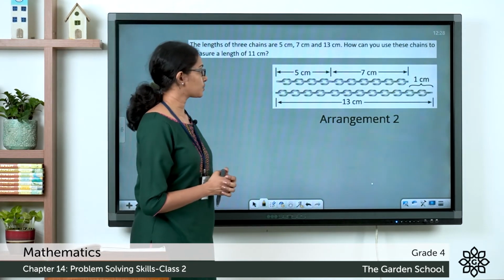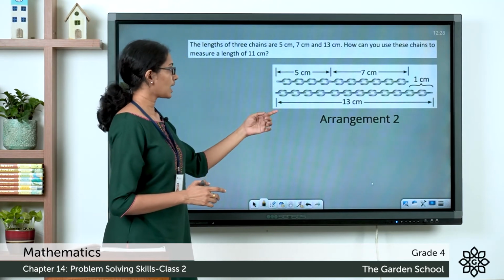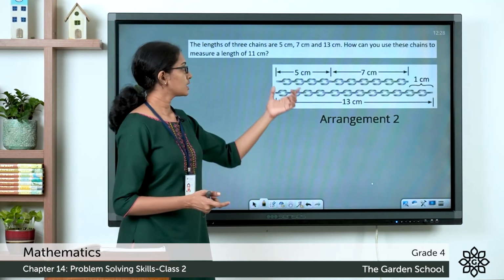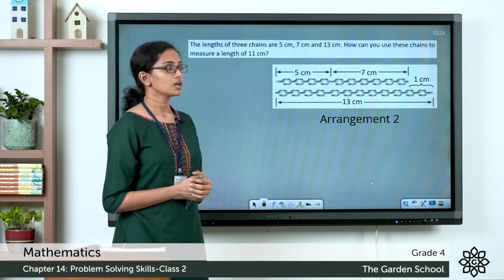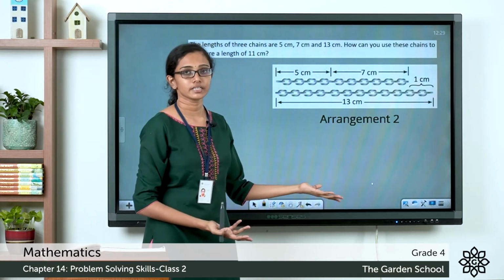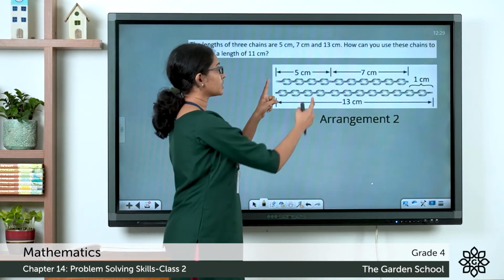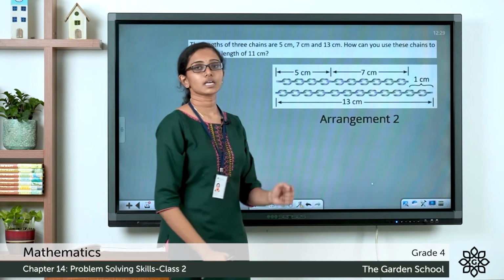Now, in this arrangement, we have placed the 13 centimeter chain alone and above that we have kept the 5 centimeter and the 7 centimeter chains side by side. Now, from here to here it is 13 centimeter and above that from here to here it is 5 centimeter, here to here the second chain it is 7 centimeter.